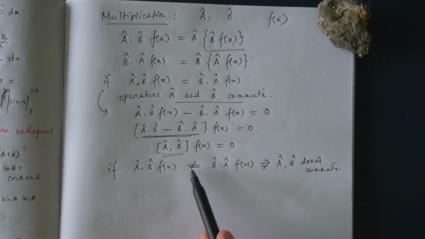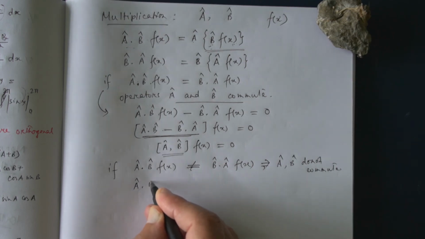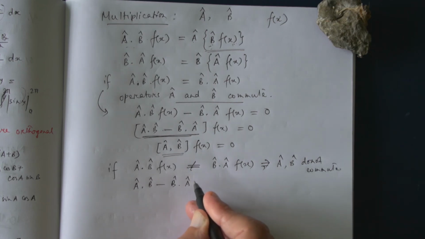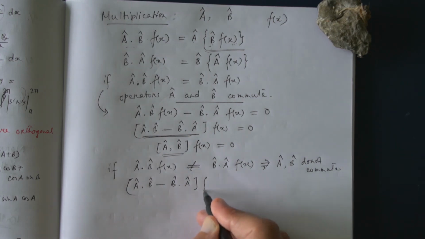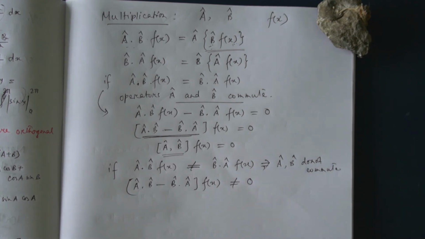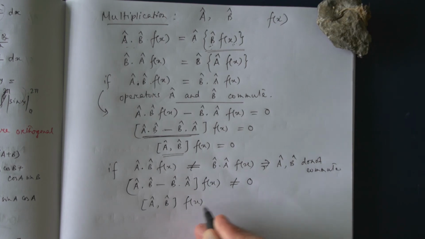This is not equal to this, A and B do not commute. Then, as before, we can write this is not 0. Or we can write AB f(x) is not 0. Or we may write [A, B], this is not 0.